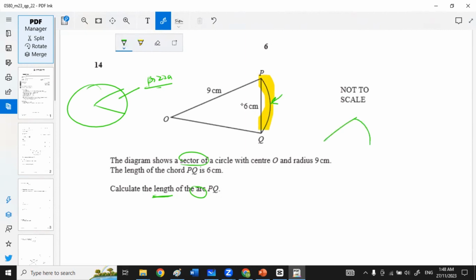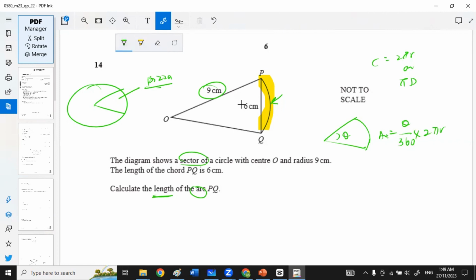Therefore, you will use the formula of the circumference. A circumference is either 2 pi r or pi d. In this case, since we have the radius, the arc length is equal to the angle over 360 times 2 pi r.